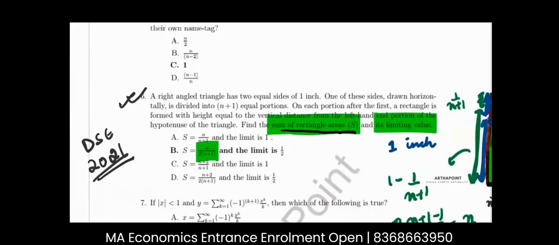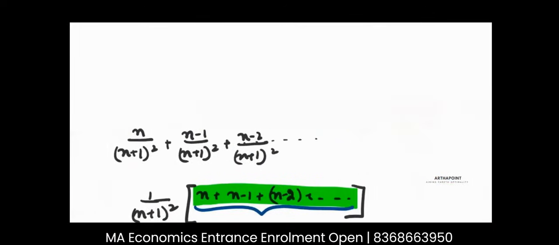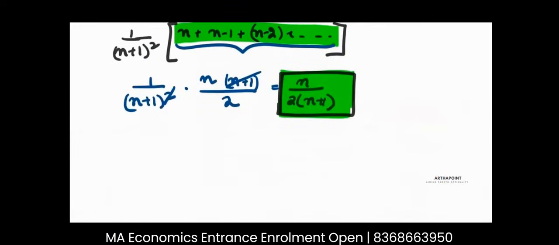It's not coming anywhere, first of all. So B is the correct answer. But let's find its limiting value also. To find the limiting value, it's very simple. I will say let limit n tends to infinity, n upon 2 into n plus 1, and I will divide numerator and denominator by n.